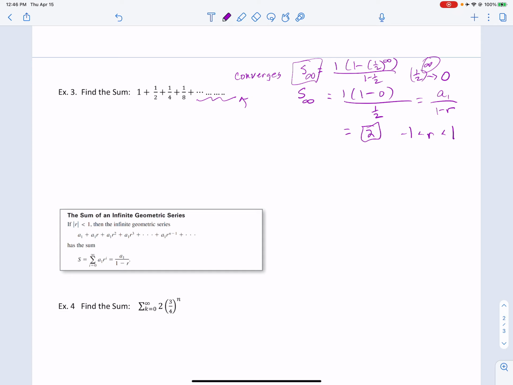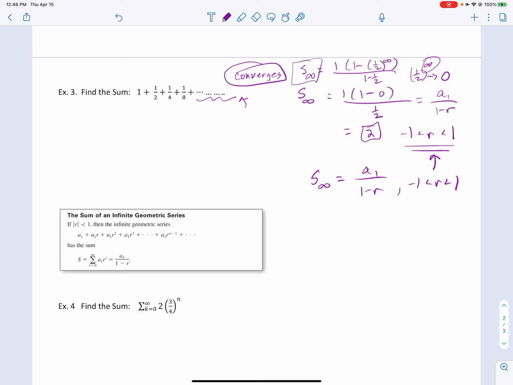If that ratio is bigger than 1, that isn't going to happen. So you only get a converging geometric series when r is between -1 and 1. If r is less than -1 or greater than 1, it won't converge. And so the formula to infinity when r is between -1 and 1 is that a sub 1 over 1 minus r. But you need to remember, it's only for r between -1 and 1.